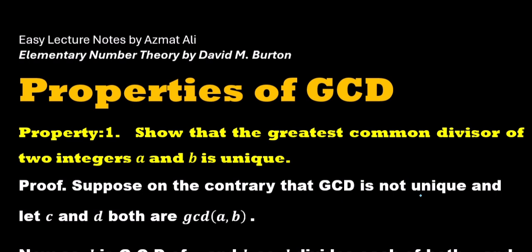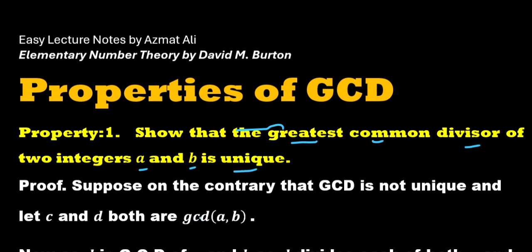The first property is we have to show that the greatest common divisor of two integers a and b is unique.